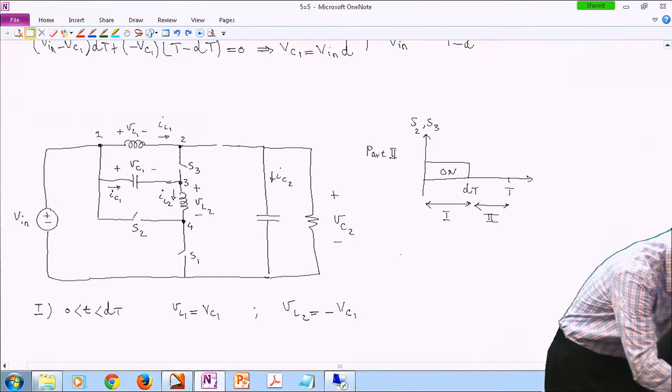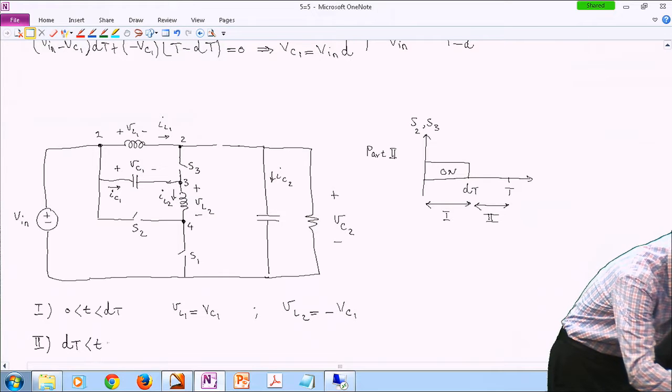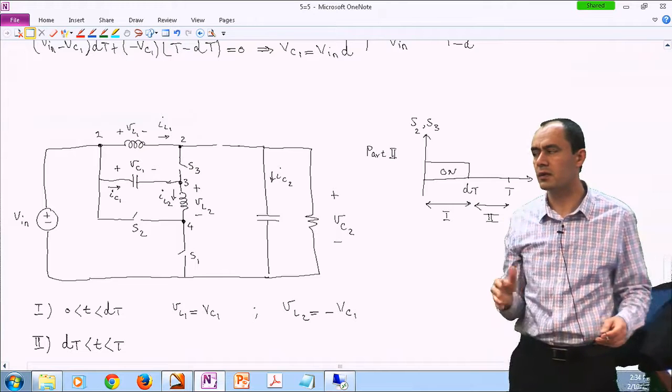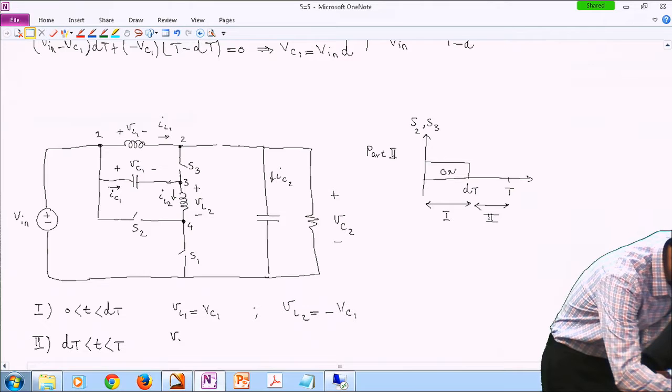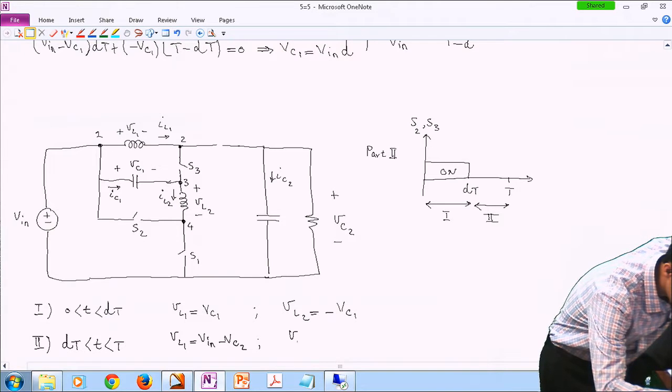Okay, in mode 2, first identify the mode, otherwise you say, oh, I'm going to remember, and then you're going to get confused. You better write it down. VL1 is Vin minus VC2, and VL2 is Vin minus VC1.